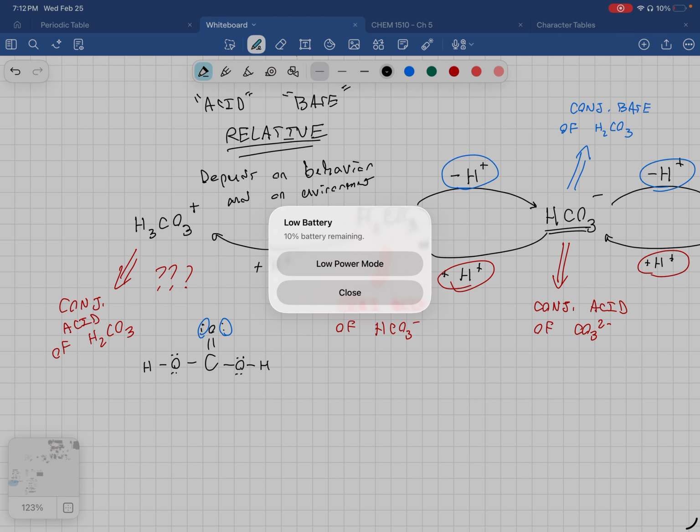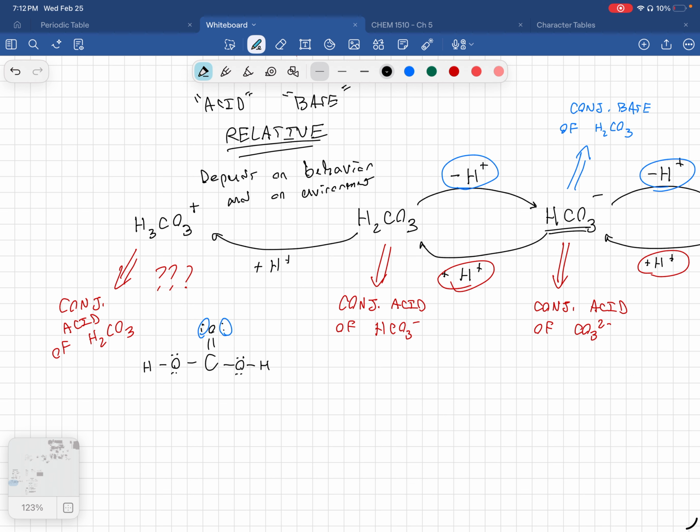H2CO3 normally is in environments where it acts as an acid and converts to its conjugate base form, HCO3-, by donating a proton to something else, acting as a Bronsted-Lowry acid. However, H2CO3 in most environments is not a very good Bronsted-Lowry base, and thus you don't see H3CO3+ because most other things are so much better as a base. This will make more sense when we start to quantify the ability of Bronsted-Lowry acids to donate protons and Bronsted-Lowry bases to accept protons.